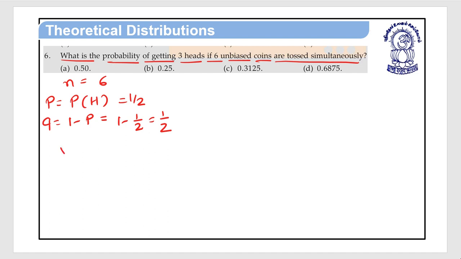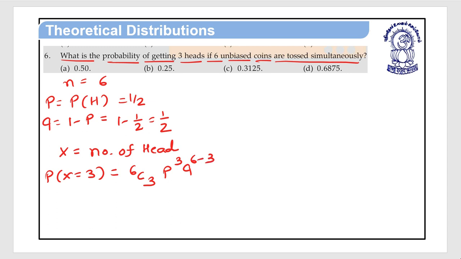So here x is equal to the number of heads. Okay, so getting 3 heads. So the probability of x equal to 3 is 6C3 p cube q raised to 6 minus 3.